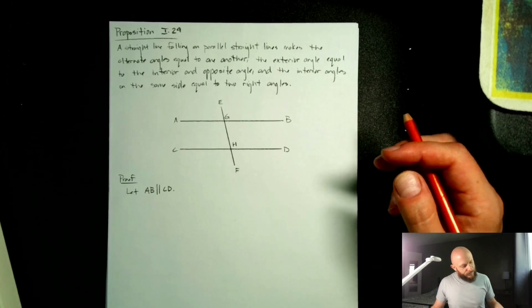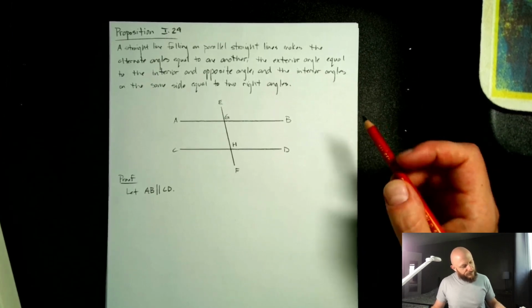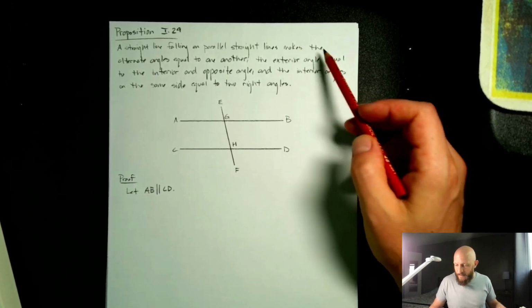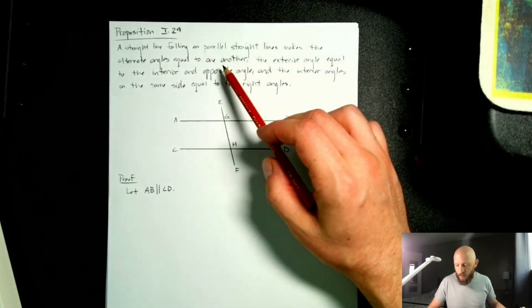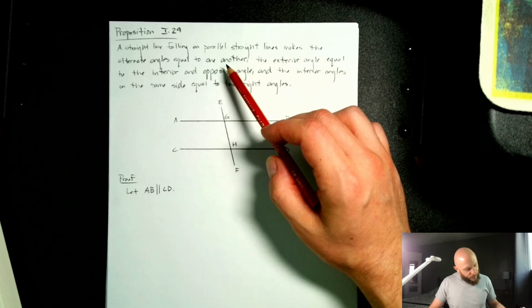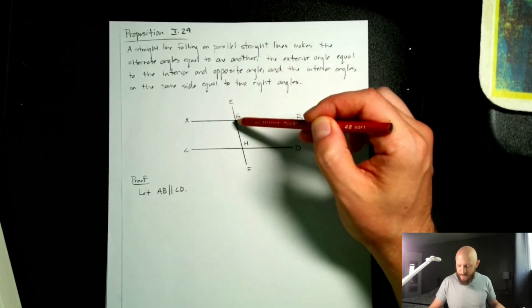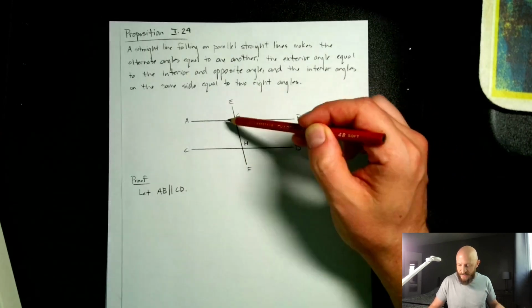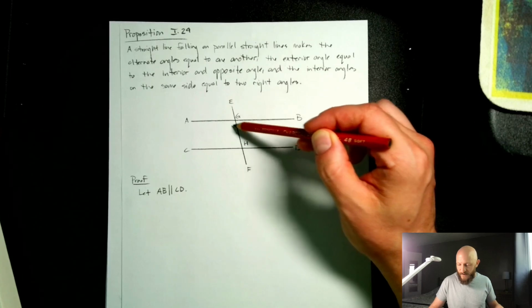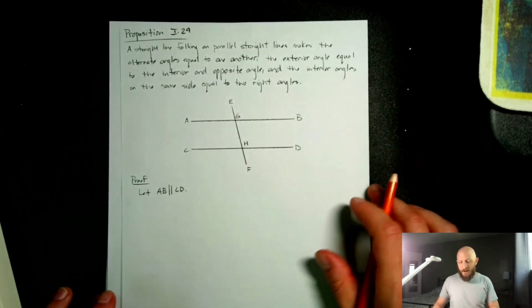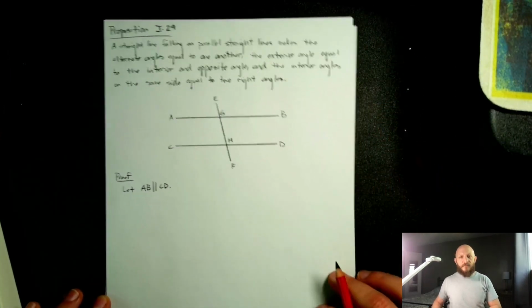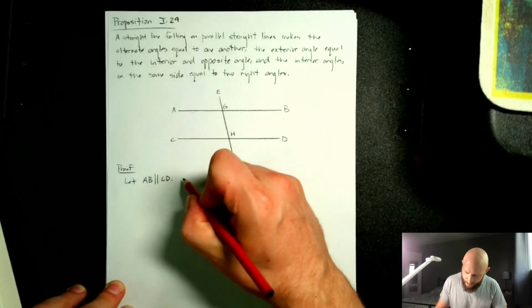All right, how shall we start by showing that the alternate angles are equal to one another? In particular, what we want to show is that AGH is equal to GHD. So these two angles are equal. How are we going to prove that? Well, we're going to start by assuming that they're not.